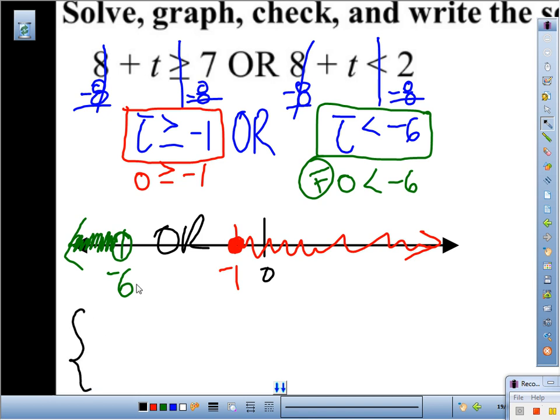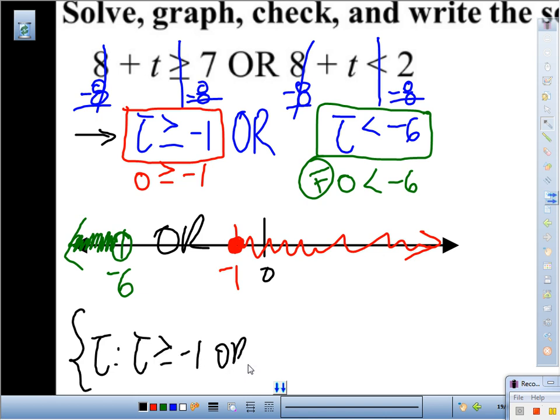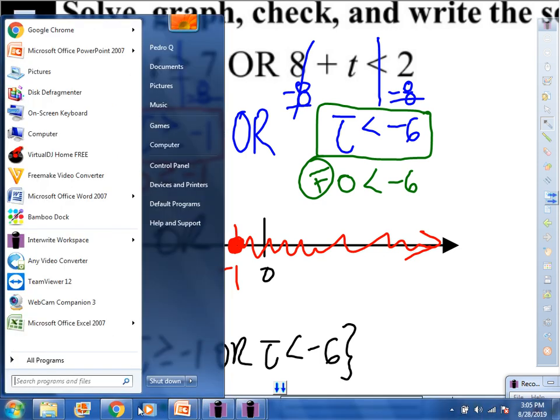Solution set of t such that, and all I do is write my last statement that I ended up with, which is t greater than or equal to -1 or t less than -6, and I'm done. What's that? Yeah, there's another symbol, but for right now, let's keep it like that. I don't want to get more into your noodle. I just want to make sure the process is there before we get into the symbol part.